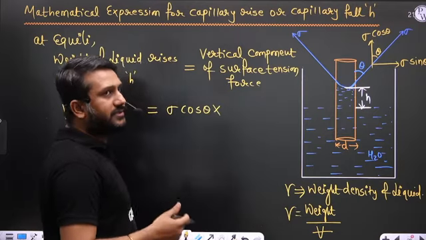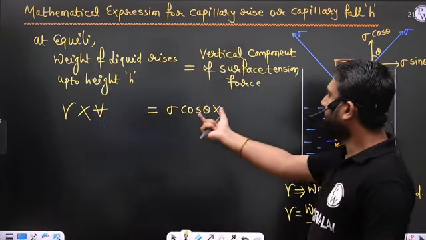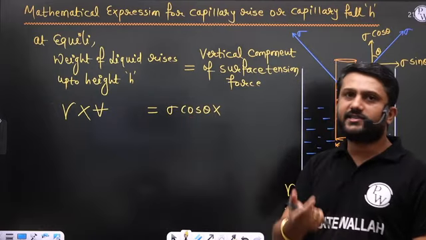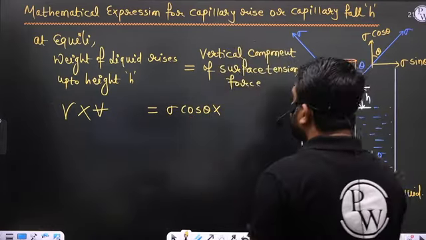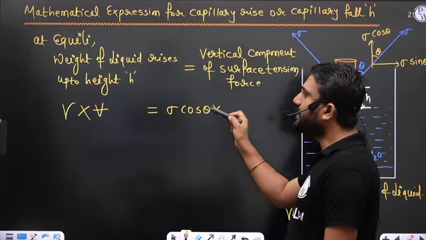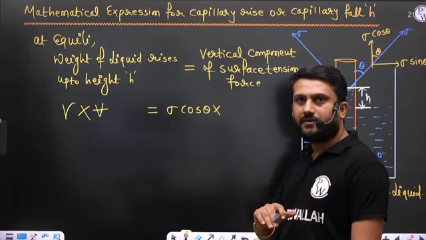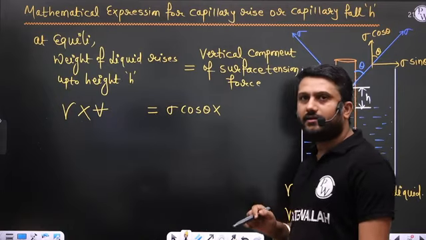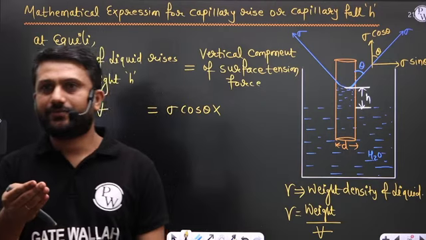This is the surface tension, the force per unit length. We want to calculate the surface tension force, so multiply by the length where the surface tension acts.